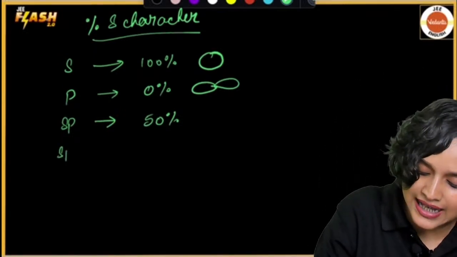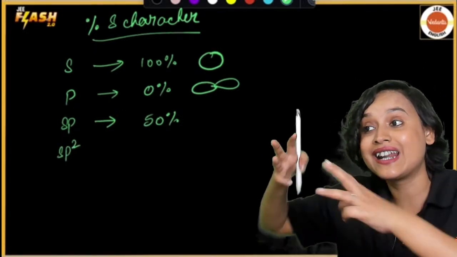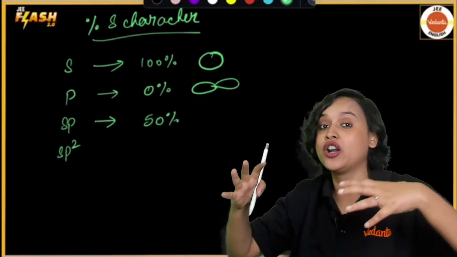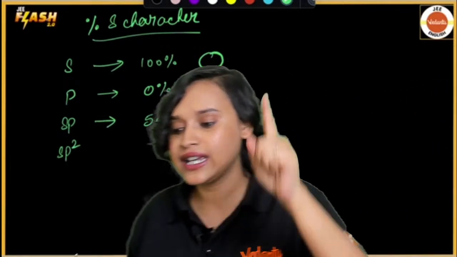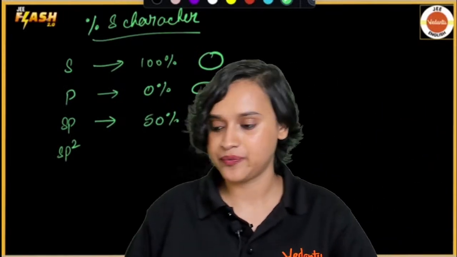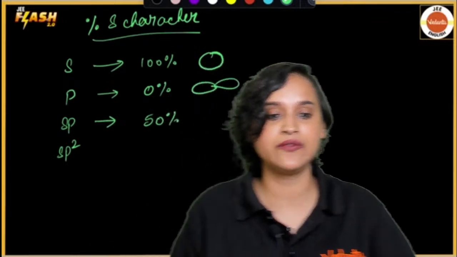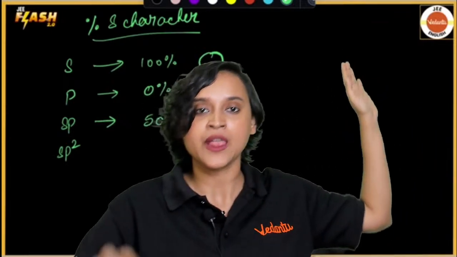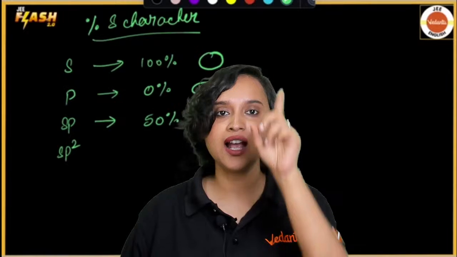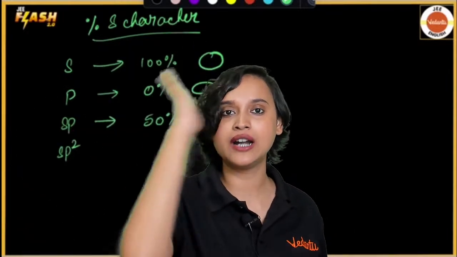Now if I have sp2, so guys understand, 3 people are sharing and forming a bond. Chalo, let's understand this, everybody. Forget about all of this that I have taught you. Let's say I have 100 rupee. 100 rupee is equal to 100% S character.